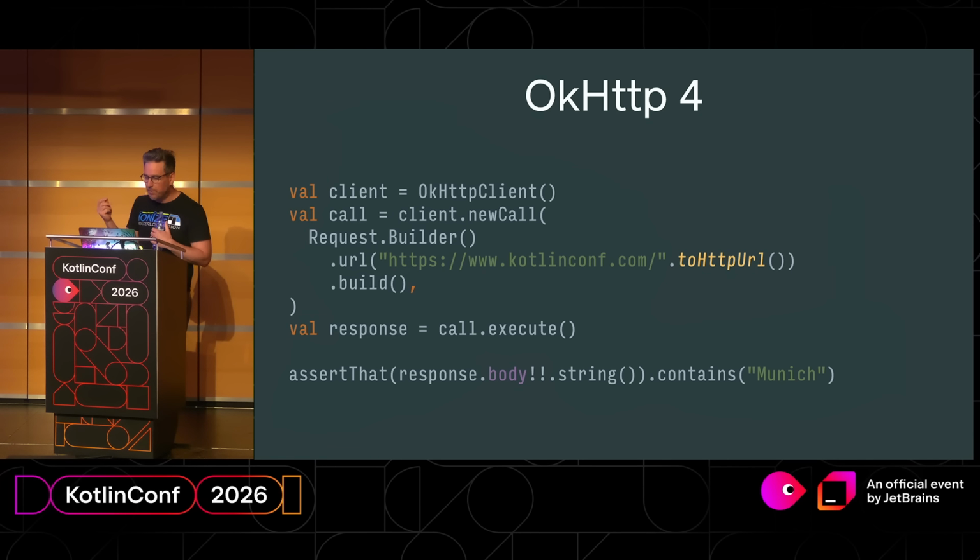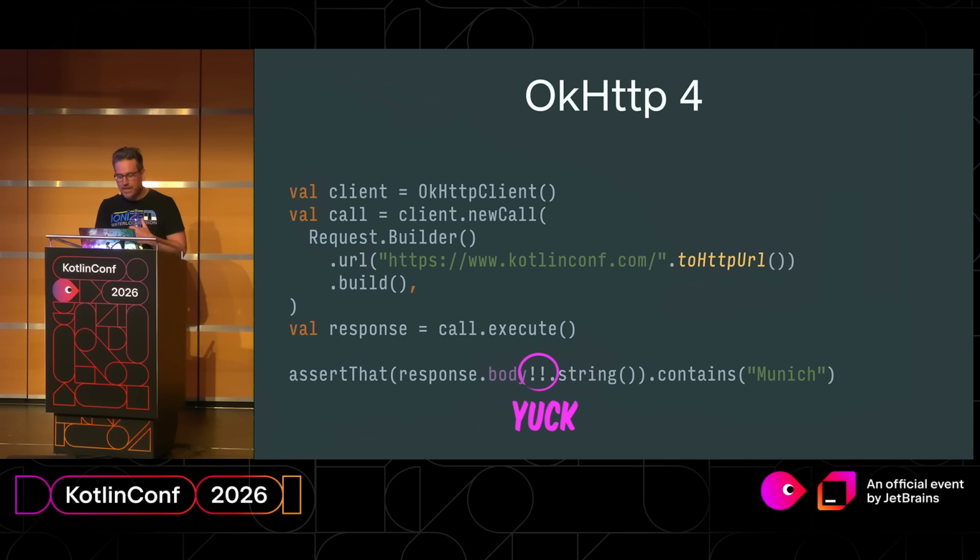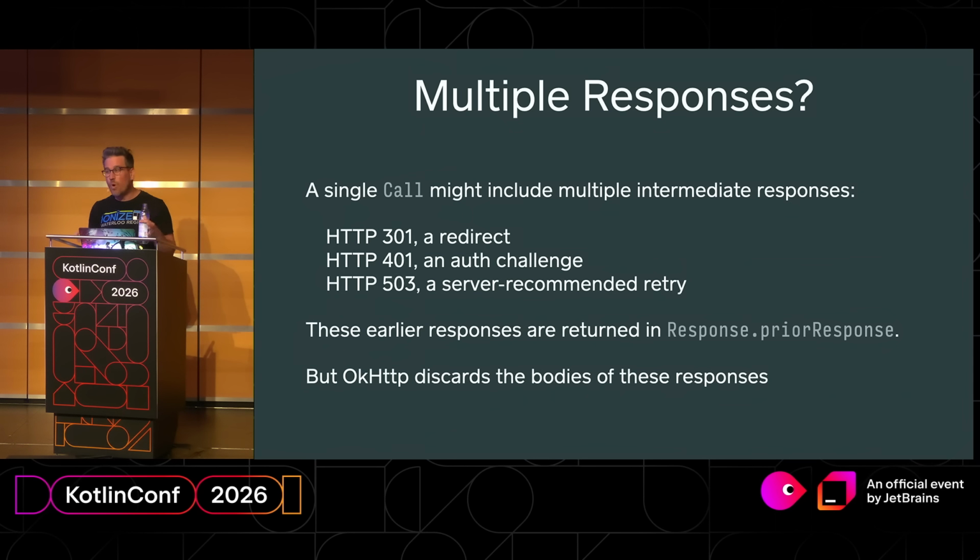One really simple example of something we've done to improve the Kotlin usability. In OkHttp 4, this is some code to call the Kotlin conf website. And you'll see there's a bang bang on the response body. That's super gross. To explain why, it's possible that response got redirected a whole bunch of times.